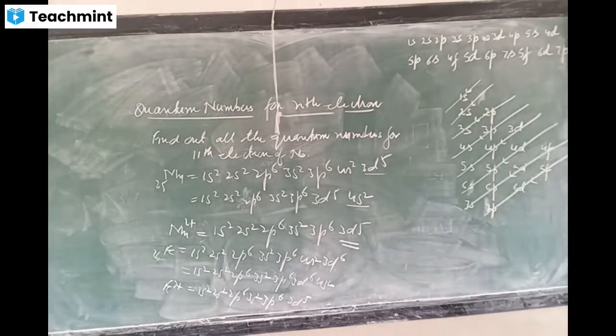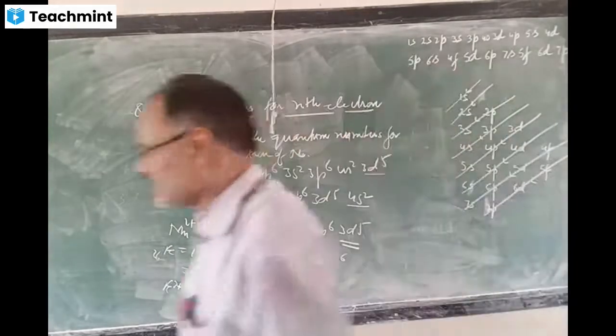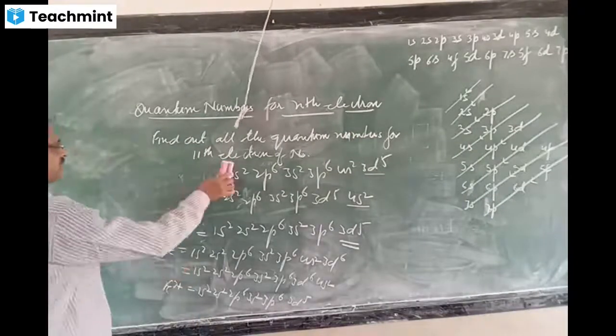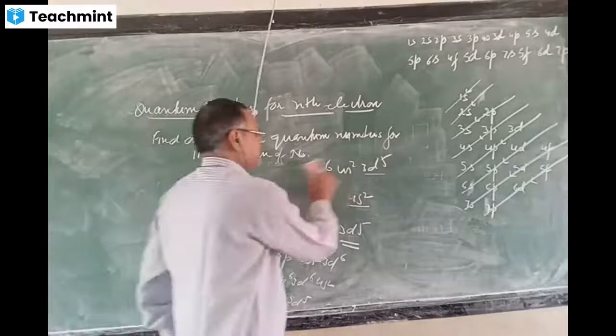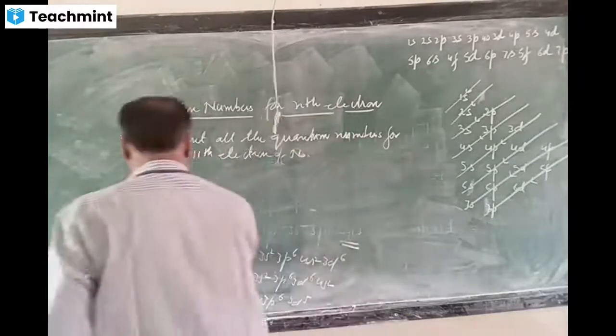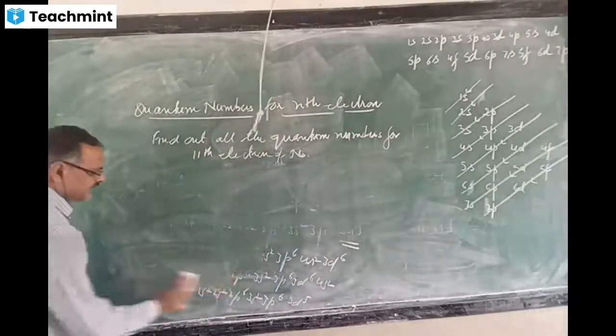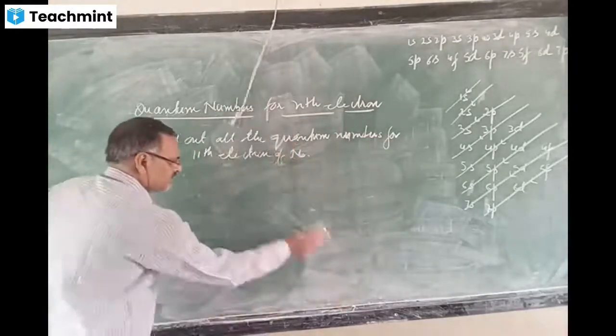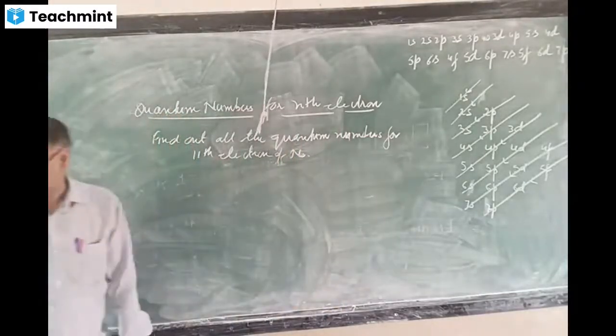So here the question is that you have to find all the quantum numbers for the 11th electron. Such questions are also there. First of all, you have to write the electronic configuration.